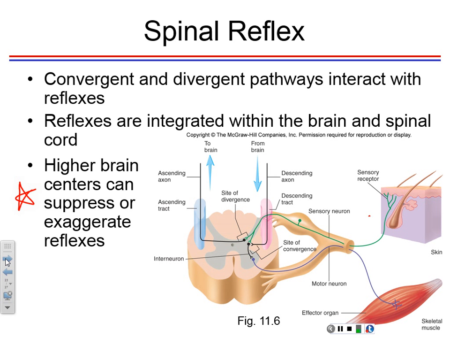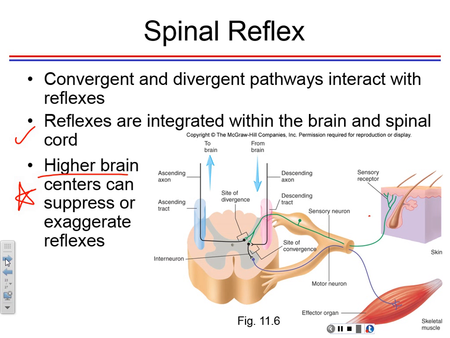It can accentuate it, or it can tone it down, whatever needs to be. So the brain is the control center, and the spinal cord does a bit of integration within the spine, but the final say comes from the brain.